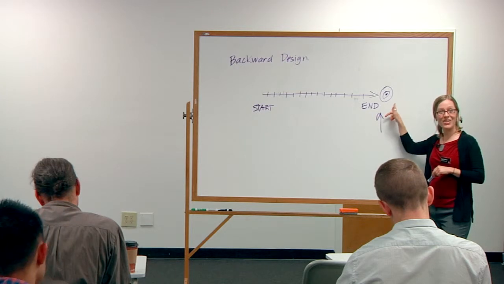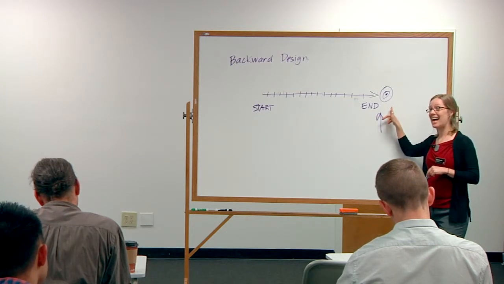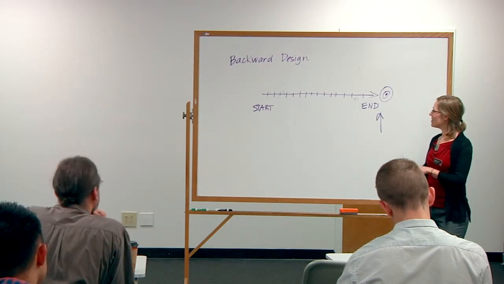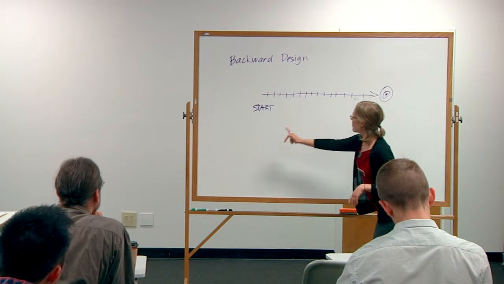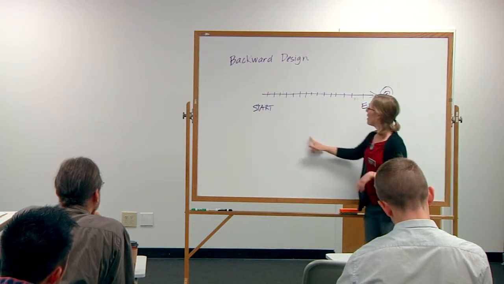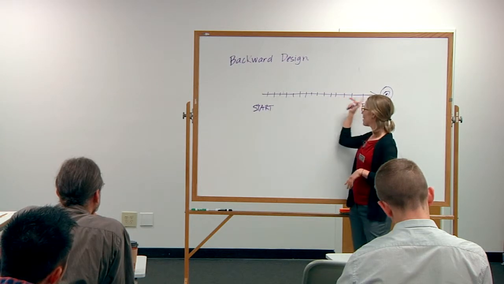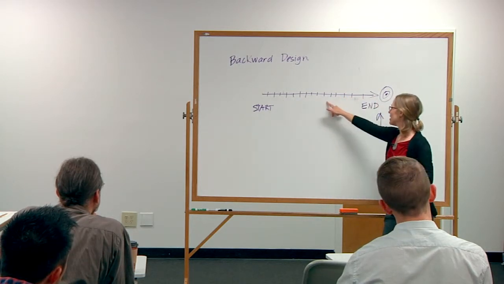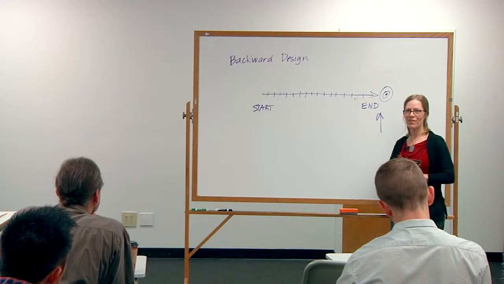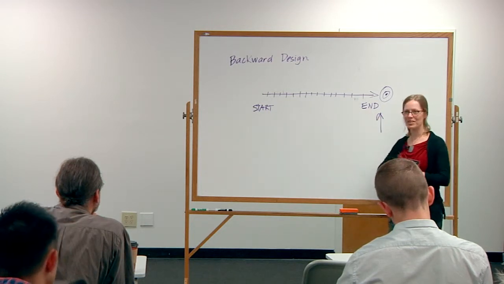What are the knowledge and the skills that they need to have by the end of this journey that we're going to go on together? So instead of starting from the beginning and working to the end, it's starting with the goals, and then finding that the goal actually orients us and helps us figure out what that trip is going to look like, what's going to happen to get them to that point.